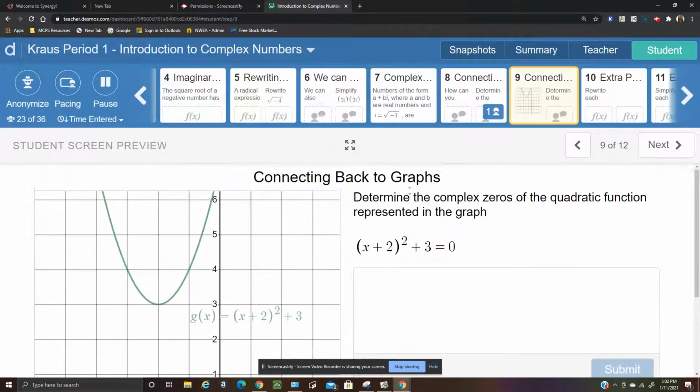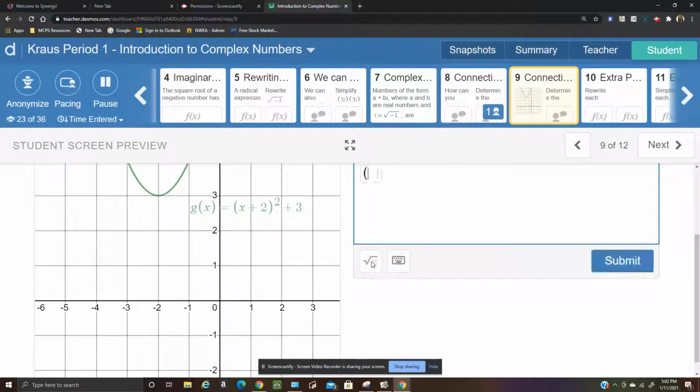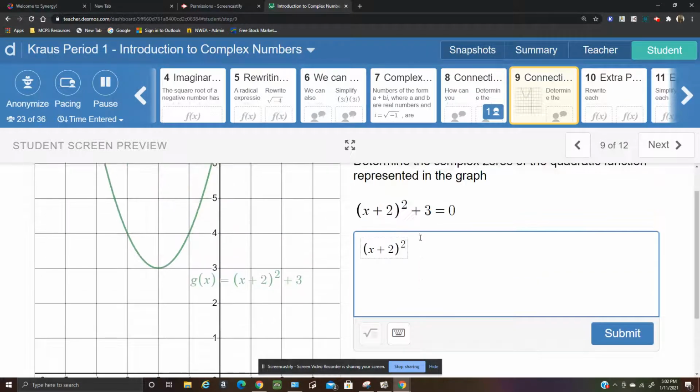To determine complex zeros here, I can see that this parabola has no x-intercepts. Solving this equation, x plus 2 squared, and then subtracting 3 from both sides. And then take the square root.